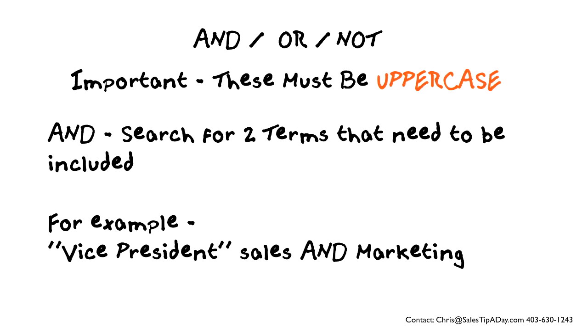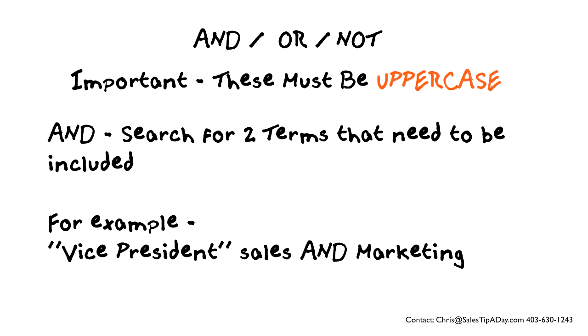The first thing we want to talk about when it comes to LinkedIn's modifiers, and these modifiers are uppercase AND, uppercase OR, and uppercase NOT, is that in order for this to work, they must be in uppercase. You cannot have a capital A and then a lowercase n and a lowercase d. It just will not work that way.